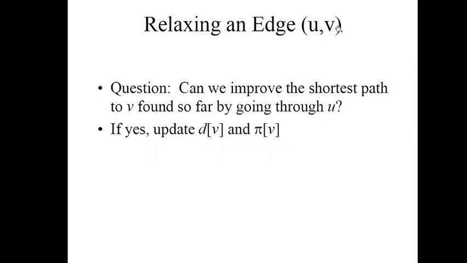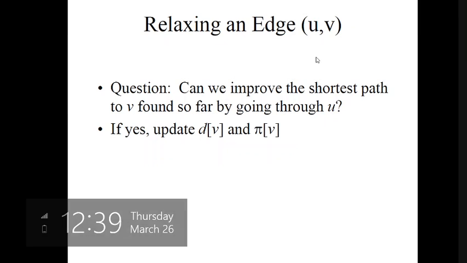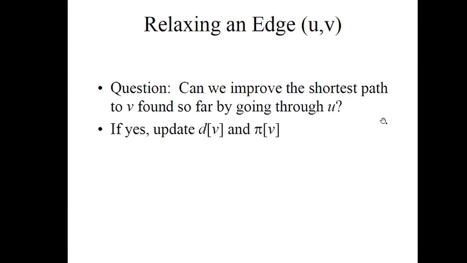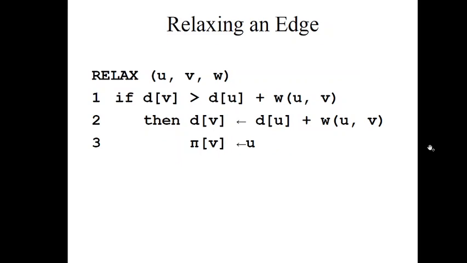We already have discovered one shortest path to V, but can we improve it by going through another vertex? If so, we have to update the distance and the predecessor. Don't worry about these two algorithms, this will be cleared as we go through that.